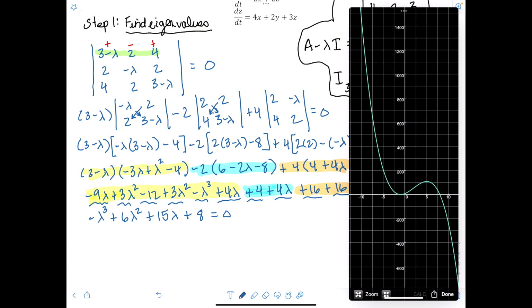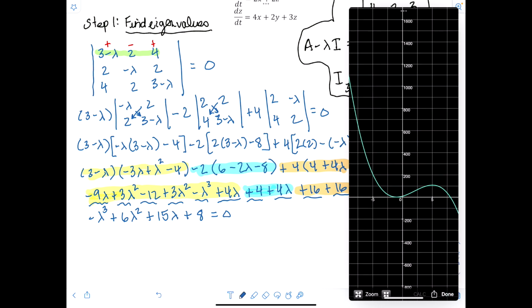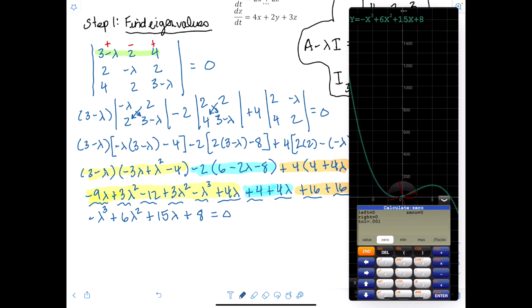And then if we graph that, there we go. So here, it looks like it's going to be at about 1. So let's go ahead and click on the graph, and we're going to calculate the right of that second 0.